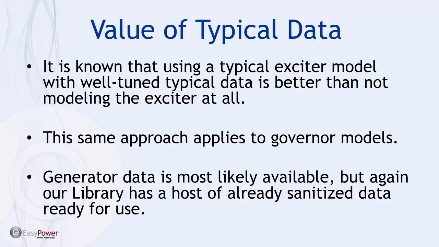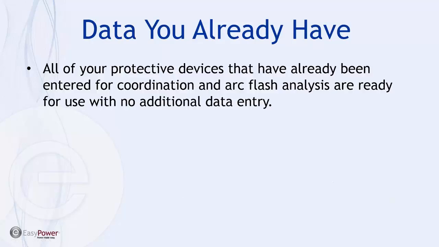The value of the typical data is that at least you have a starting point and you can make a first order approximation of what the response will be, and as these are developed and refined, you can improve those parameters and the data that's been used as a typical starting point to improve or sanitize the data that you ultimately use for your simulation.